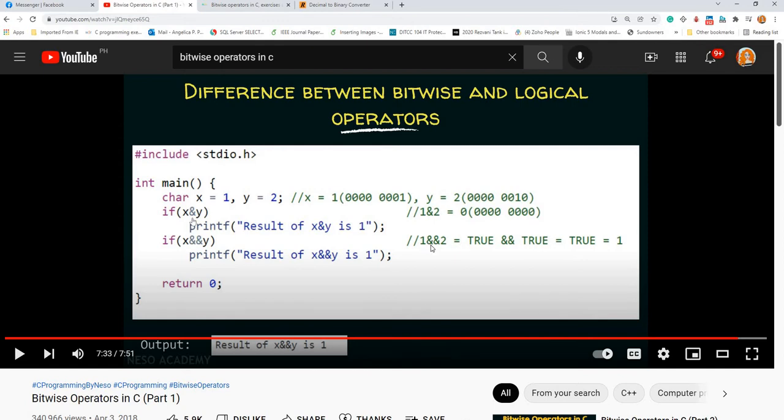Okay. So, kukumputin natin ngayon yan. Paano naging true? Meron tayong condition, x is equal to 1 and y is equal to 2. Now, paano siya naging true?